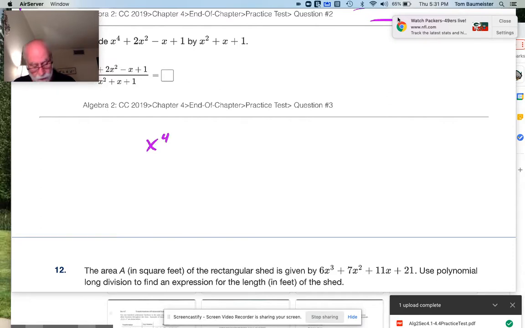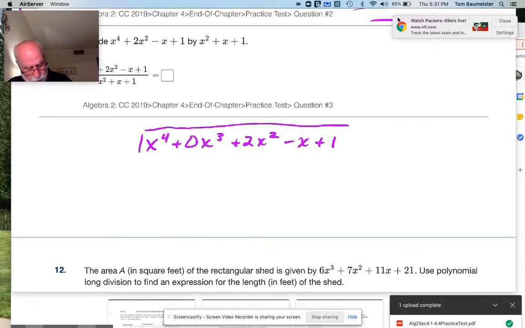I don't have an x cubed, so I'm going to have to put plus 0x cubed. Then I have plus 2x squared. And then I have minus x plus 1. Remember, that is being divided by x squared plus x plus 1.